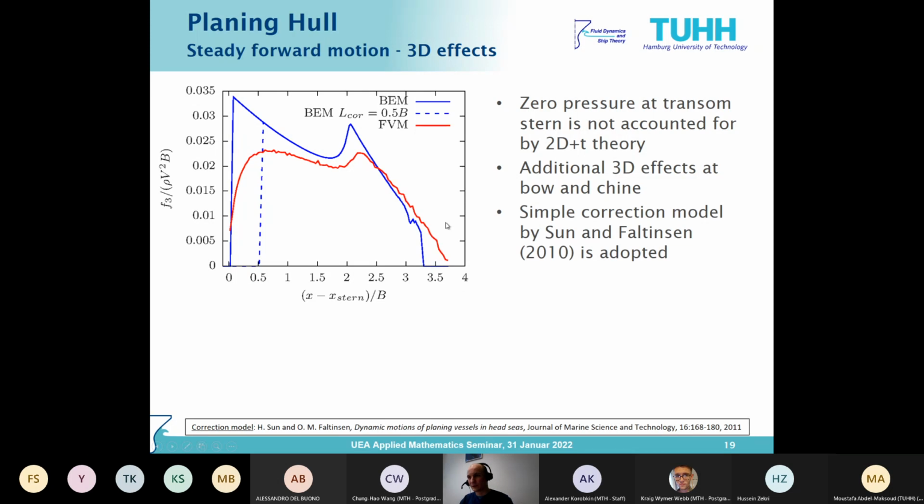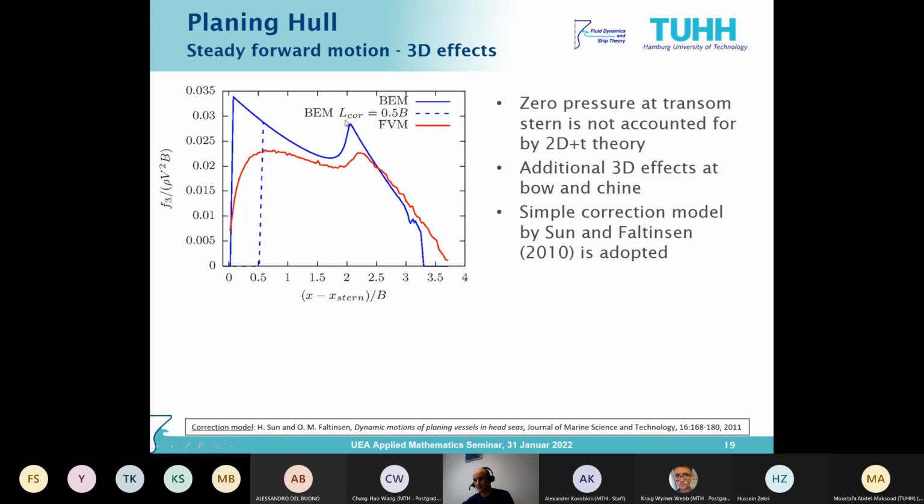What we investigated now is a relatively simple correction model, which was published in a paper by Sun and Faltinsen in 2010. This model just changes the integration boundary for the forces, and there is one correction length parameter.